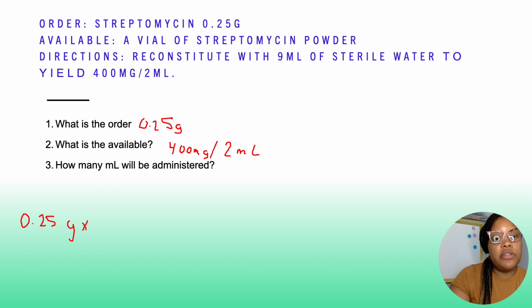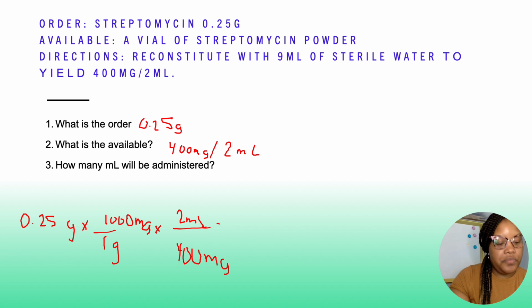Grams go on the bottom because grams have to cancel out. So 1 gram equals 1,000 mgs. And then mgs go on the bottom, so we do 400 mgs, and we put 2 mLs on the top.